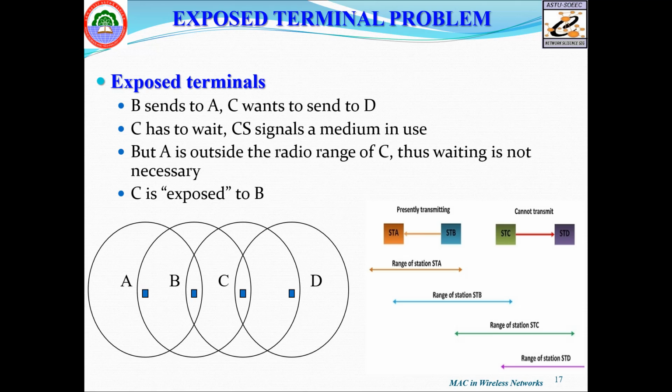The station STC may hear RTS from the station B. Initially, station B is sending an RTS request to station A, but simultaneously STC can also hear the RTS request from station B, but it does not hear the CTS from station A. STA is sending the CTS response to STB, but STC doesn't know that STA is sending the response to that corresponding RTS request.